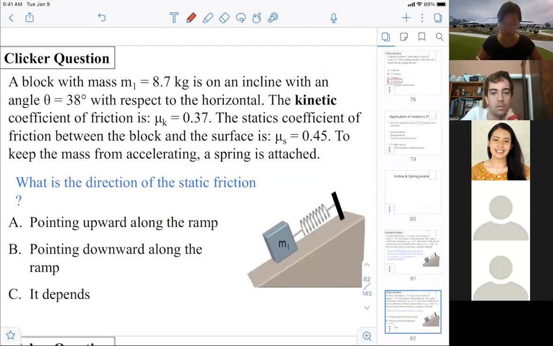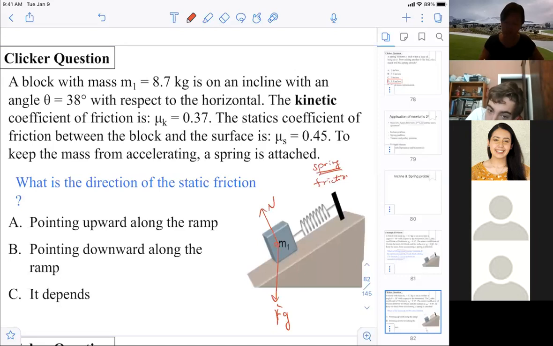All the other forces we know how to draw, right? We know gravity, we know normal force, and which way is the spring force? I also need the force from the spring, and I also need static friction.